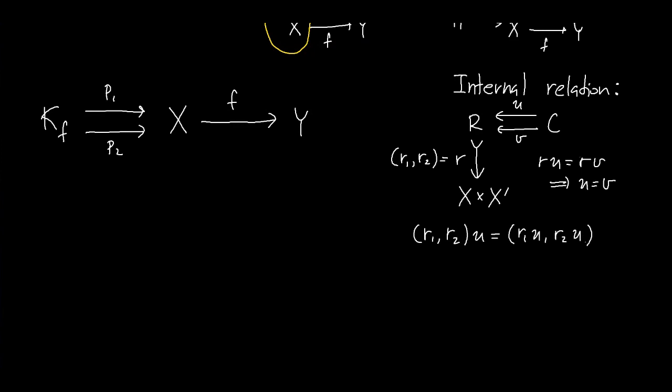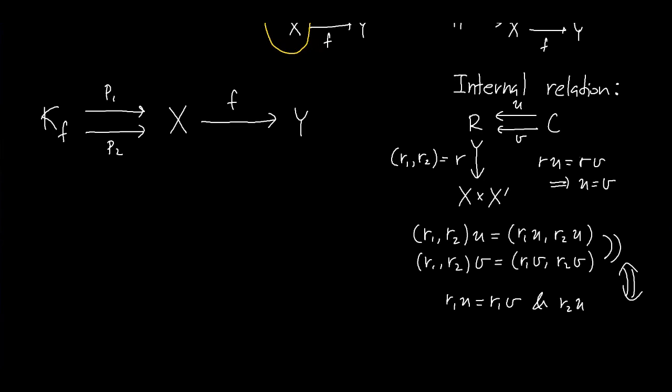We actually encountered this at some stage. And so saying that this equals the other one, which is R1, R2V, which is going to be R1V, R2V, saying these are equal, is of course equivalent to saying that R1U equals R1V and R2U equals R2V.